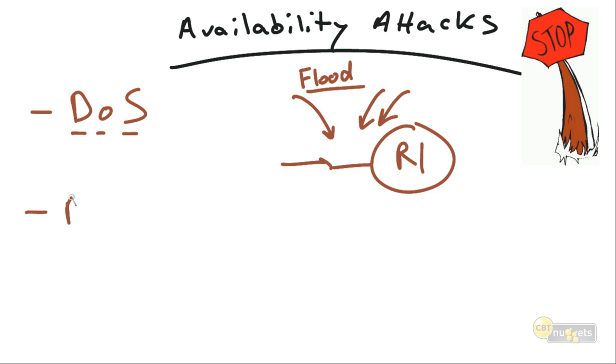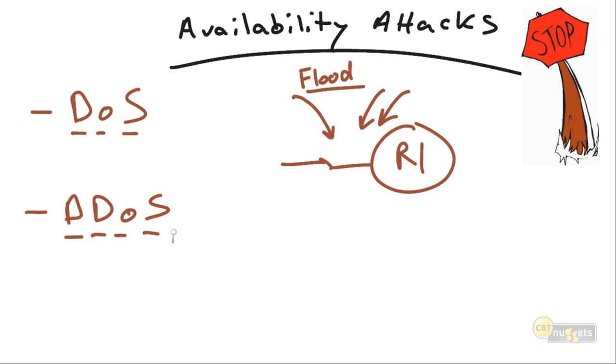Now, if that didn't give you a bad case of heartburn, how about this? The distributed denial of service attack. With the distributed denial of service attack, and there has been some really famous ones like the SQL Slammer worm from years ago that literally brought down entire countries worth of the public internet.